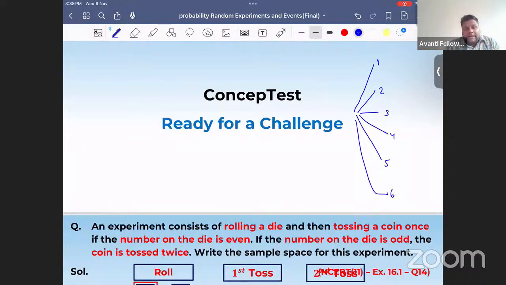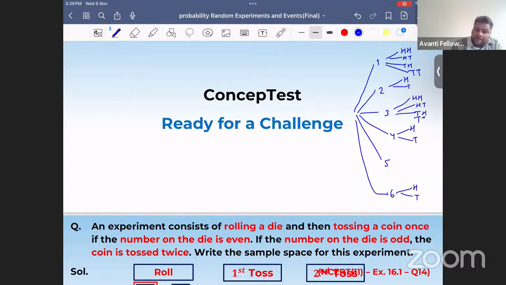Now, if an even number occurs, you toss a coin. Means if 2 occurs, you toss a coin, you may get head or tail. Same for the other even numbers. Now, if the number on the die is odd, the coin is tossed twice. So now it will be HH, HT, TH, TT. Similarly for the others.